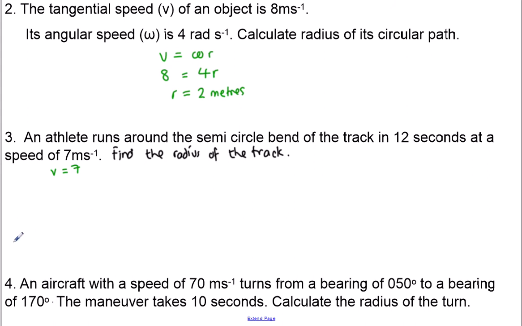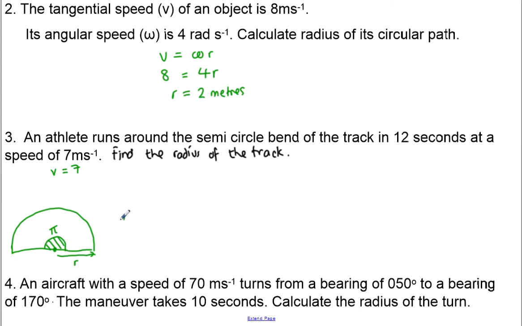So if I do a little sketch here, this is a semicircle, with radius r. And remember I said earlier that a full turn in radians is 2 pi. So if this athlete has completed a semicircle, then she's completed an angle of pi. 180 degrees, half a full turn, is pi radians.